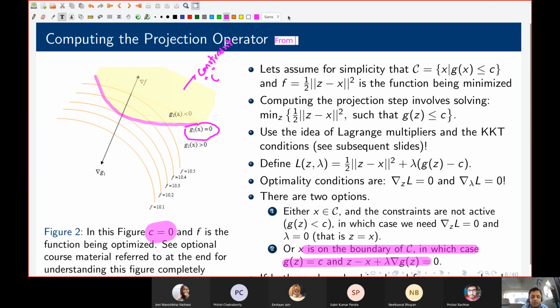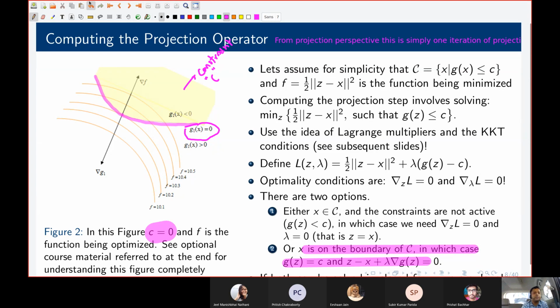From a projection perspective, please ask me questions if you have. One iteration of projection. So this is the f that we are trying to minimize in this particular episode.